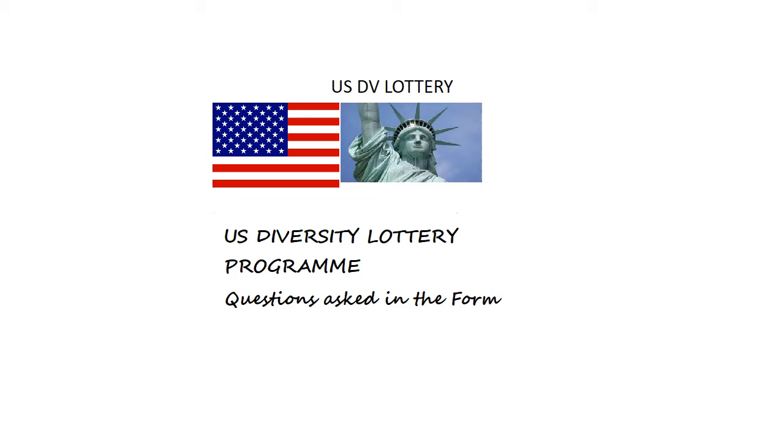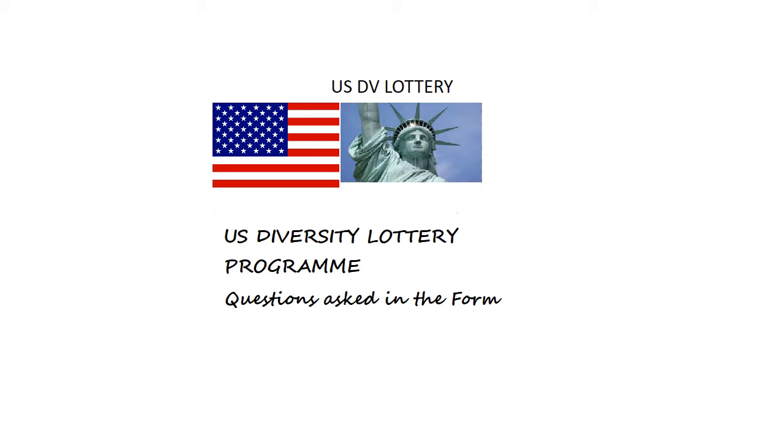Then the other point is mailing address with the postal code or zip code. Country where you live today. Phone number, it's optional. If you like, you can give, otherwise not necessary. Then the email address.